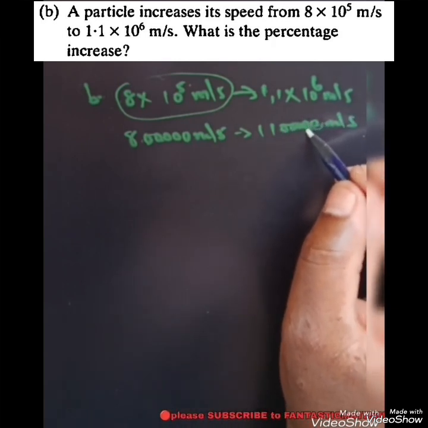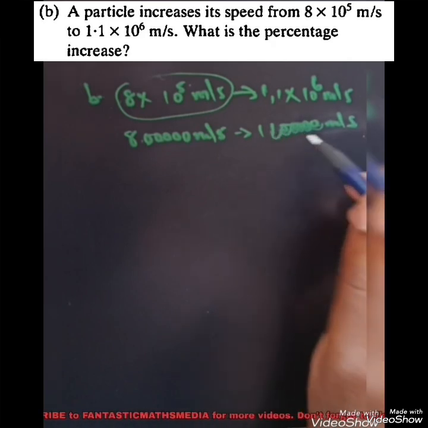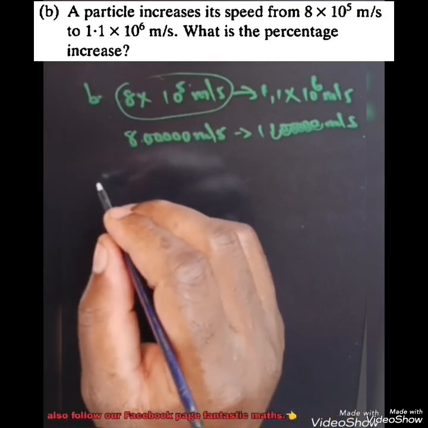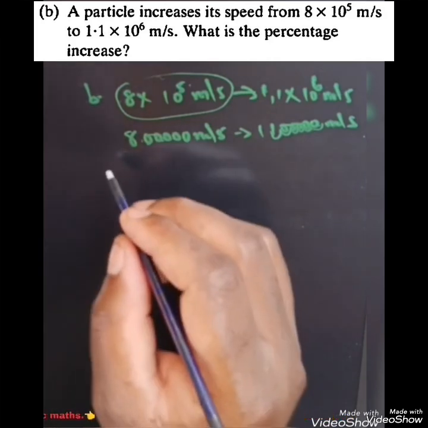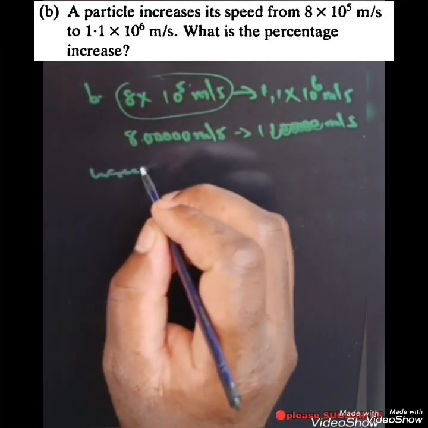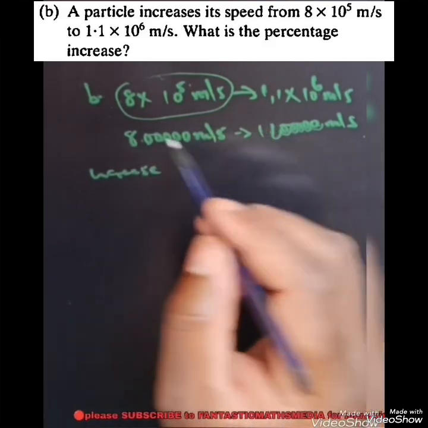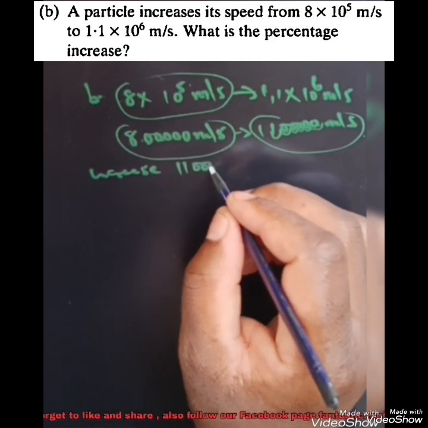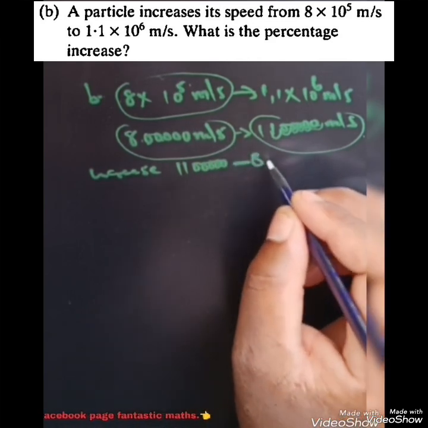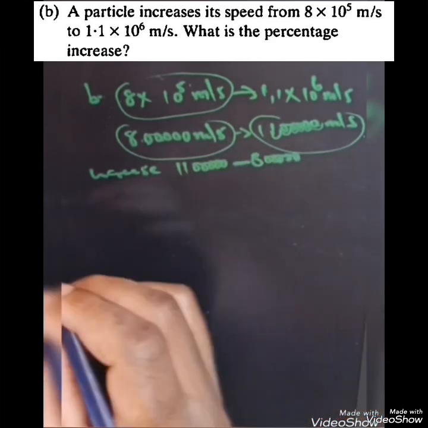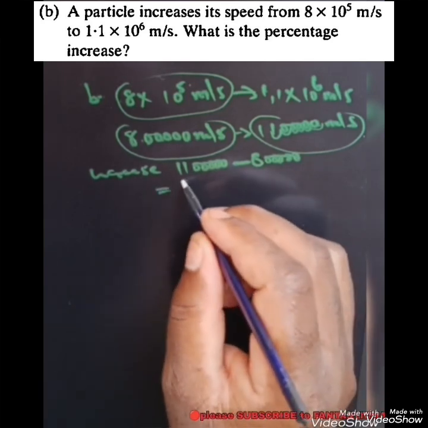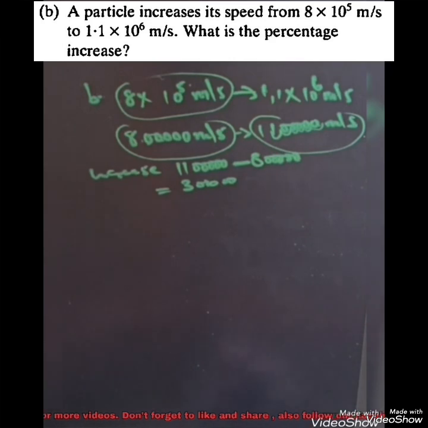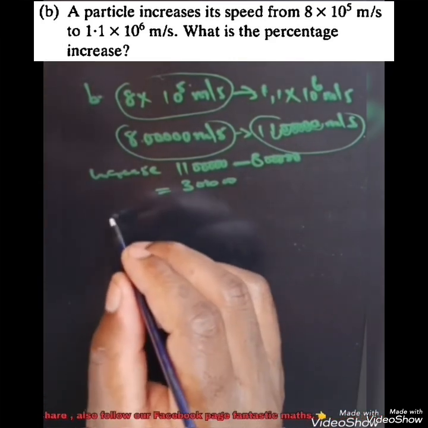Then we need to subtract this big number: 1,100,000 minus 800,000, we get 300,000.